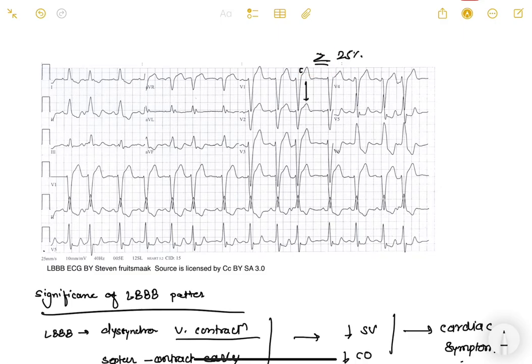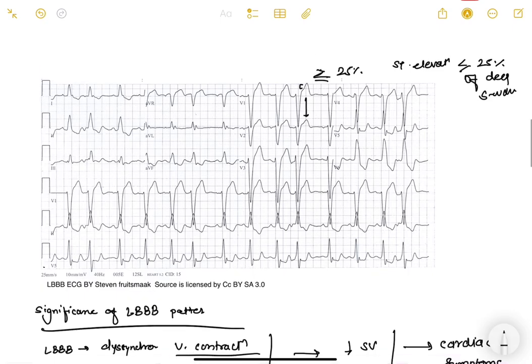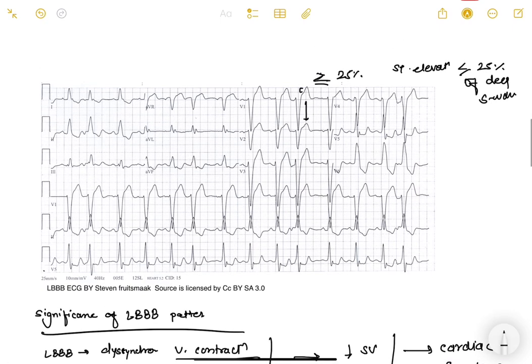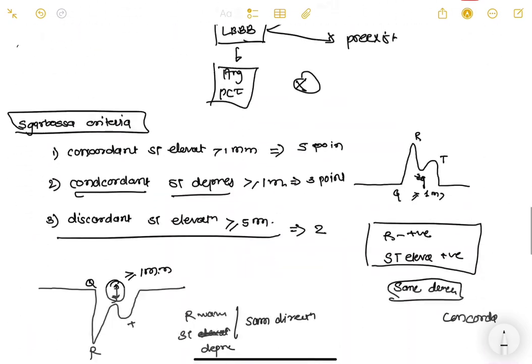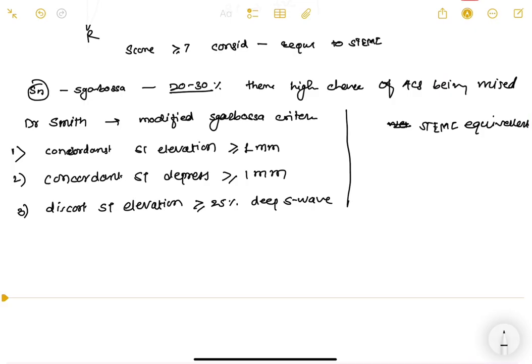So this is 1, 2, 3, 4, 5 boxes, and this is not even one box. So ST elevation is less than 25% of the deep S wave. Similarly, there is no concordant ST elevation in any leads, or no concordant ST depression in any leads. So this is a new onset of LBBB. So Dr. Smith modified this criteria to diagnose ACS in LBBB.